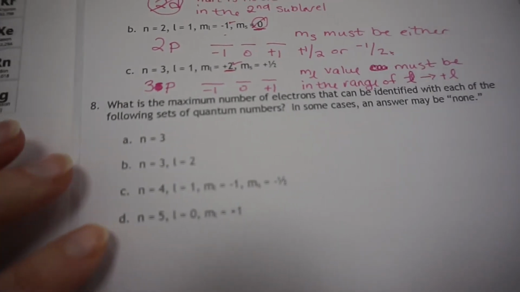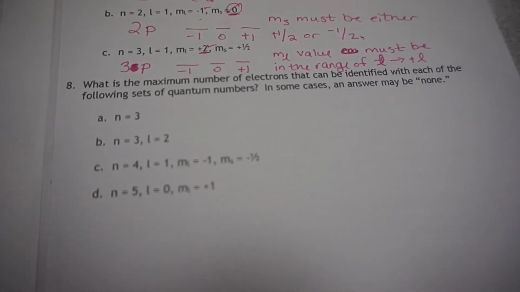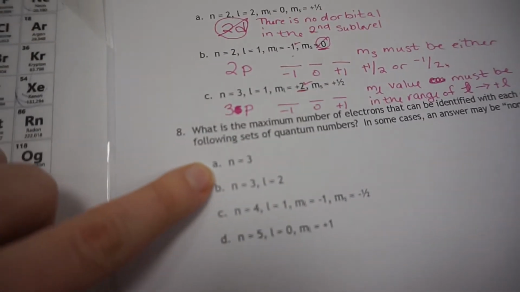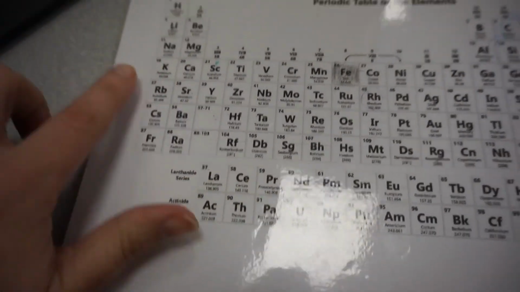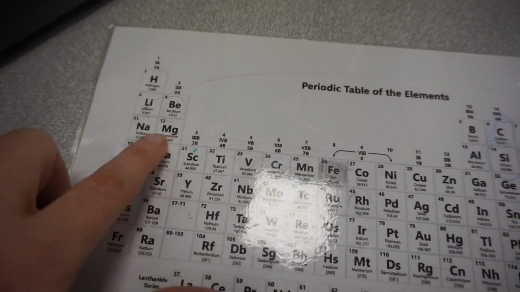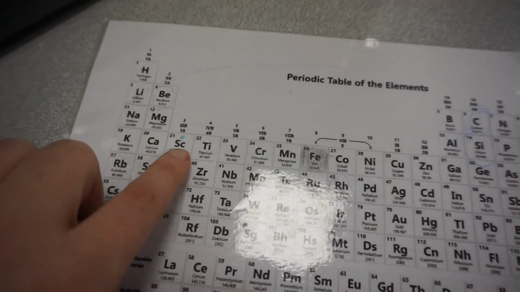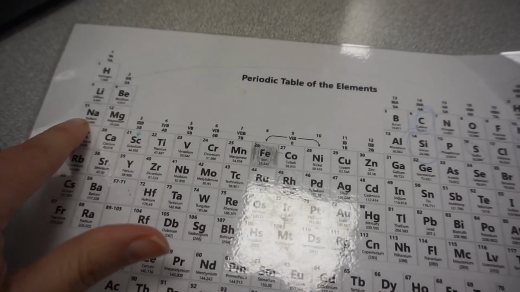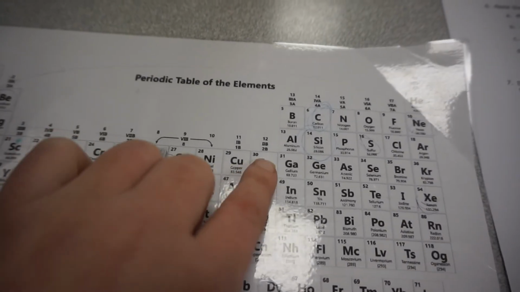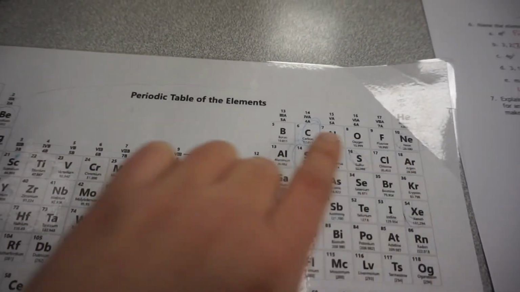Okay, so basically the last part I'm going to show you is what is the maximum number of electrons. I already read that. So when N equals 3, that's basically the whole third energy level. All of this is the third energy level, and all of this is the third energy level.